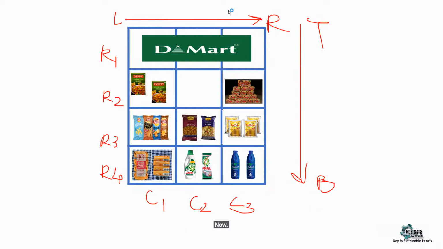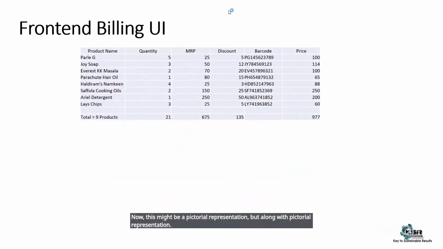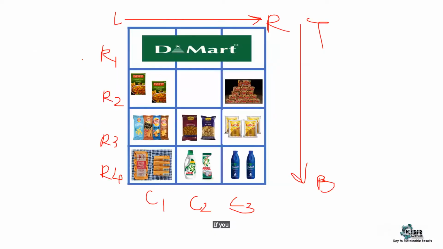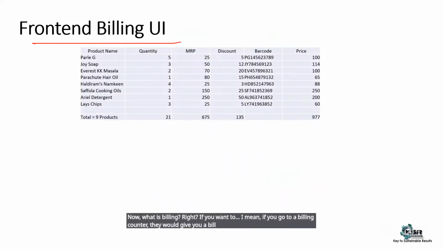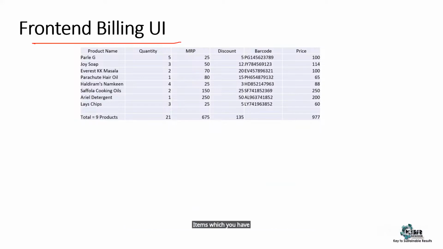Now, this might be a pictorial representation. At the end of the day, suppose you purchase 5 or 6 items and go to billing. At the billing counter they scan all the items you purchased, with a specific barcode, and a bill is generated.